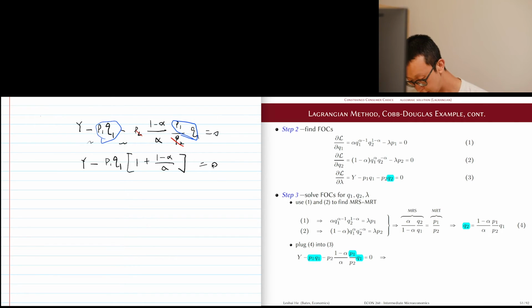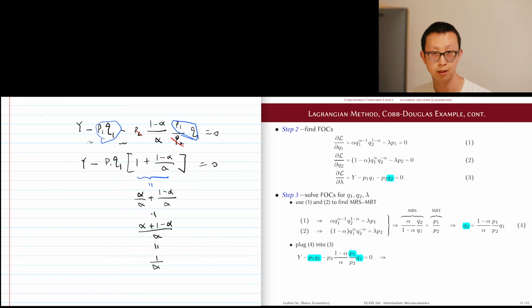Now, notice that what we have inside here is just alpha over alpha plus 1 minus alpha over alpha. But what is that? Well, that's alpha on the bottom, and alpha plus 1 minus alpha. What's that? Well, that is just 1 over alpha.